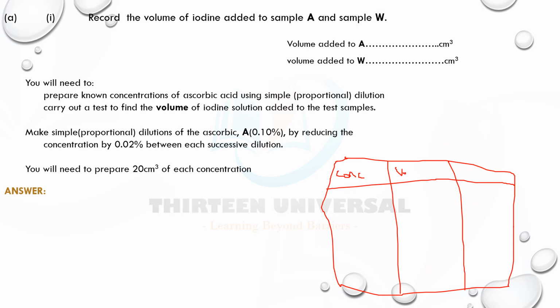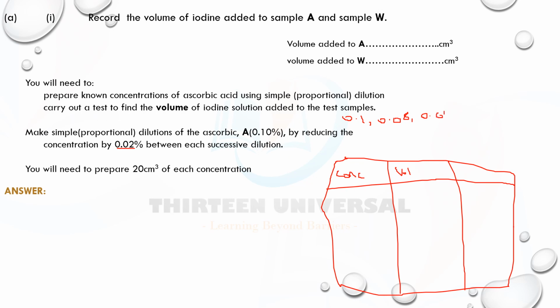But before we start, this is 0.1. Let's not waste time here. So the next one is 0.1 minus 0.02. That will be 0.08. These are the concentrations. Why are we subtracting 0.02? They say the interval between concentrations is 0.02. So keep subtracting. All right, 0.06.